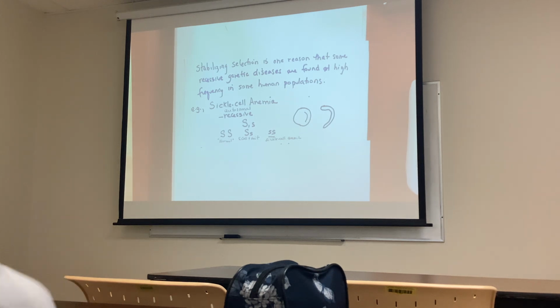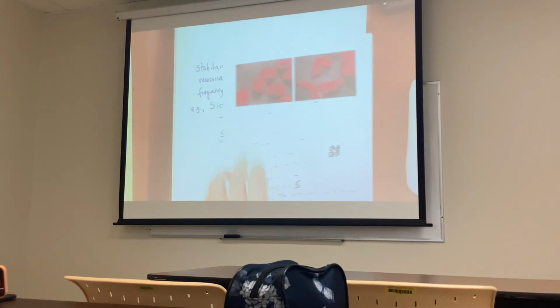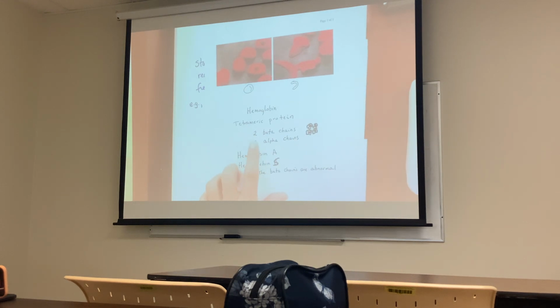They're coded for by 2 genes: the alpha globin gene, which is on one chromosome, and the beta globin gene on another chromosome. Then they're transcribed, then they're translated, and then they're put together. Remember, it's a tetrameric protein, 2 beta chains, 2 alpha chains.